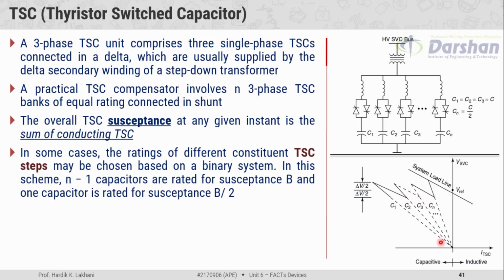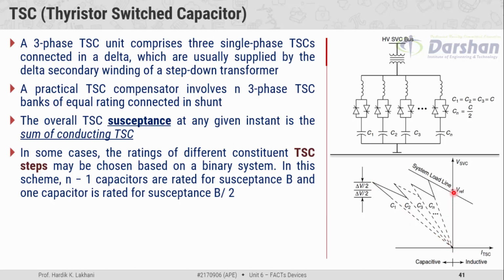So in the TAC, if the antiparallel connected thyristor pair is triggered, which means that the capacitor is fully present in the system, the characteristic would be like this. And when the antiparallel connected thyristor pair is not triggered, which means that the capacitor gets isolated from the system, the characteristic would be like this.